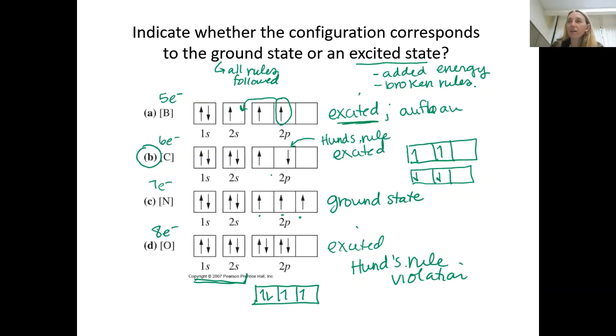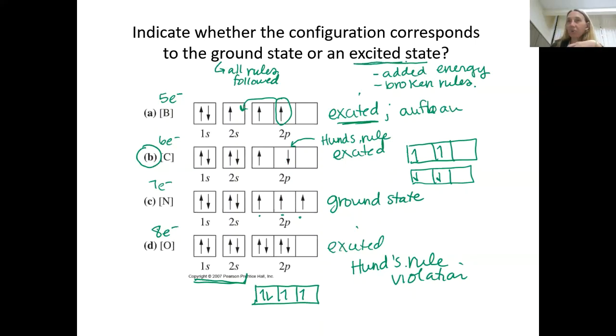Let's see, one more question came in. Why would opposite arrows be a violation? It's not that it's a violation in the sense that it's not possible. It's possible.